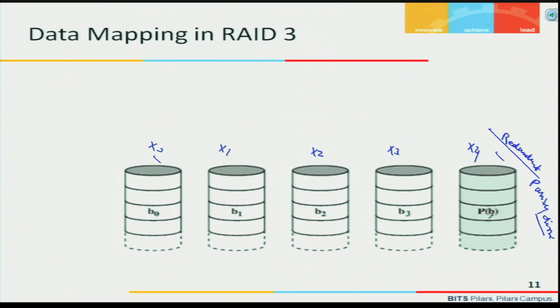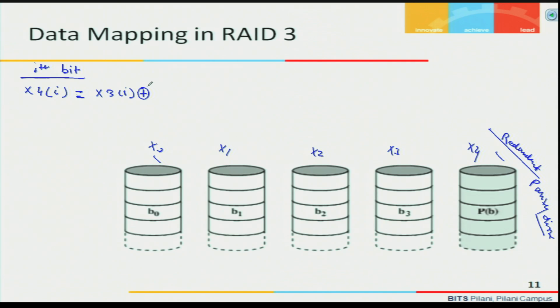Now, how will the data be recovered in case of a disk failure? Let us say in this case X2 fails. First we will see how, for the ith bit, the parity will be stored in the X4 disk. X4 at the ith bit is equal to X3 i, XOR X2 i, XOR X1 i, XOR X0 i.